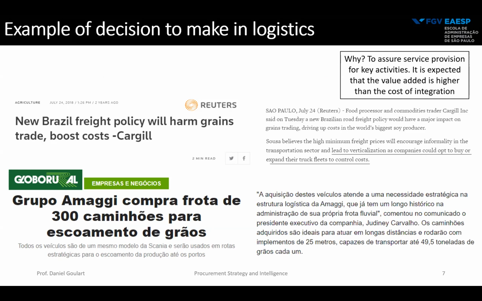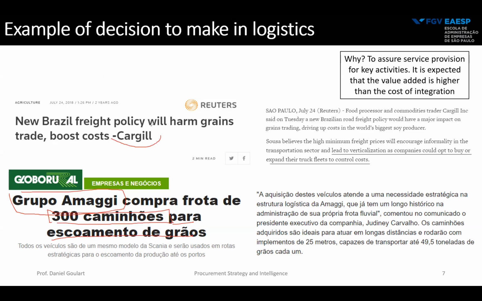And then some companies decided to stop outsourcing transportation and start to make transportation. They decided to integrate transportation service. They decided to buy trucks, to hire drivers, and to have the service provided in-house. Examples: Grupo Amaggi in the agribusiness sector, they bought 300 trucks for grain export flow.